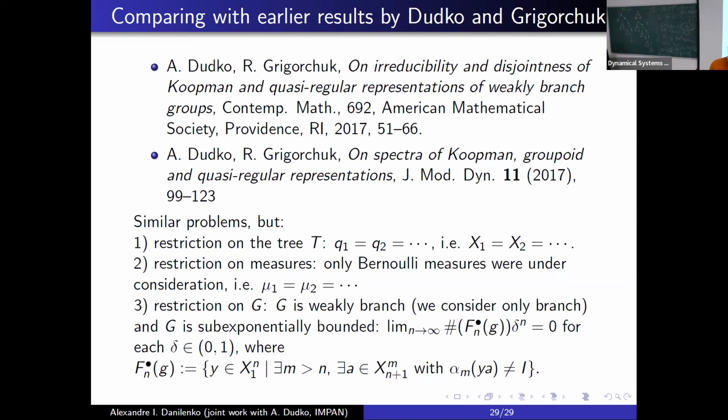Then the corresponding Koopman representation will not be irreducible because it splits into infinitely many components. But what about the other stuff, like the total space of invariant measures of these topological actions?